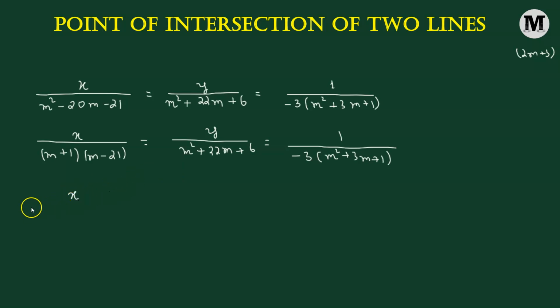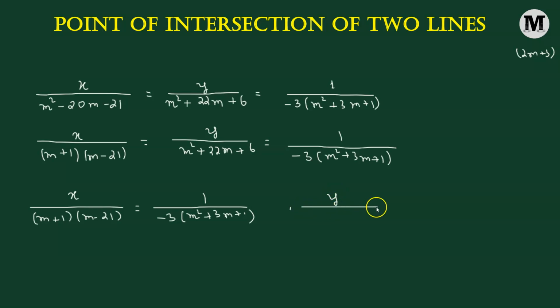We can have x over (m plus 1)(m minus 21) equal to 1 over negative 3 times (m squared plus 3m plus 1), or we can consider y over (m squared plus 22m plus 6) and equate it to 1 over negative 3 times (m squared plus 3m plus 1).